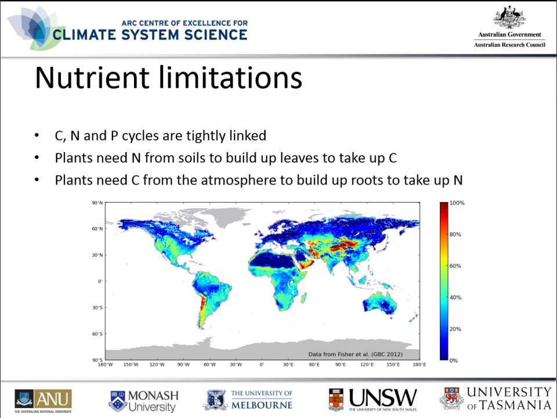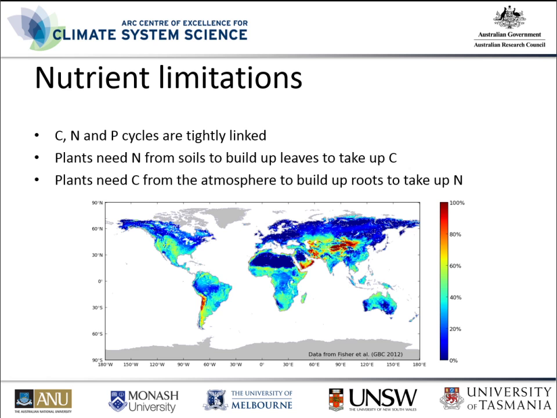That's why we spread fertilizer on fields, etc. And it's actually a hard relationship because plants need nitrogen from the soils because they cannot take up all the nitrogen that's in the atmosphere, which is too bad because it's about 80% of the volume of the atmosphere. But they need it from the soils to build up the leaves that they use to take up carbon.